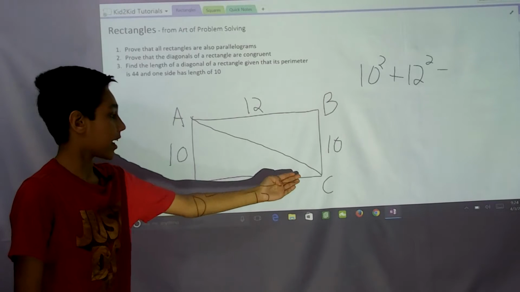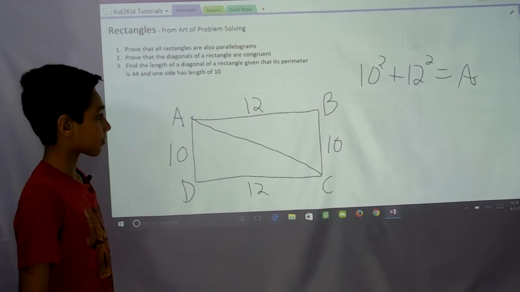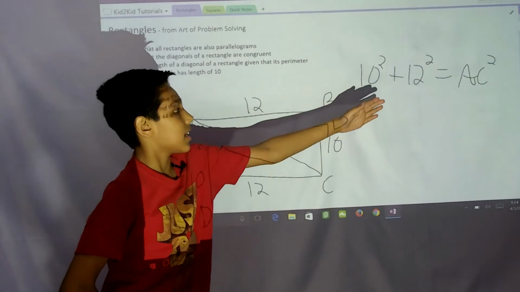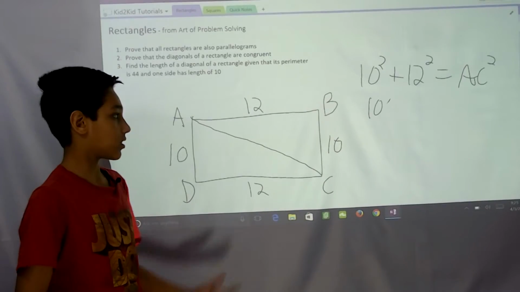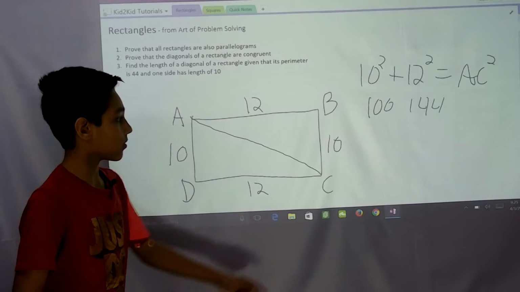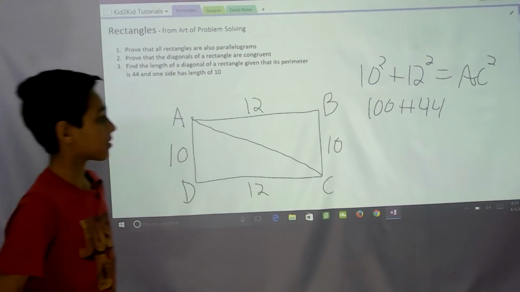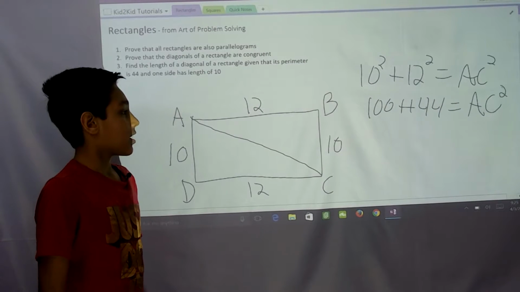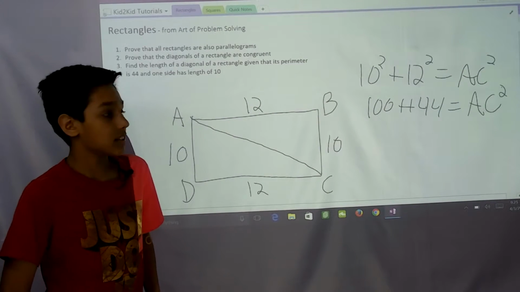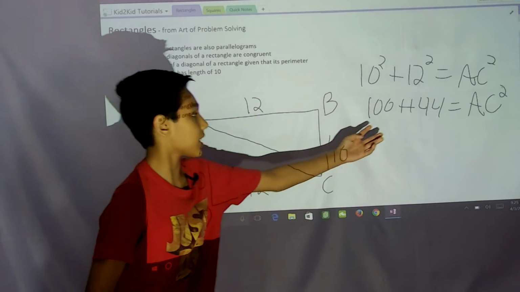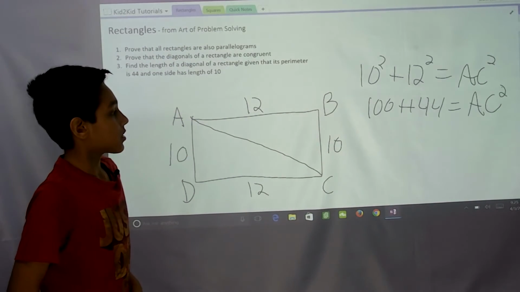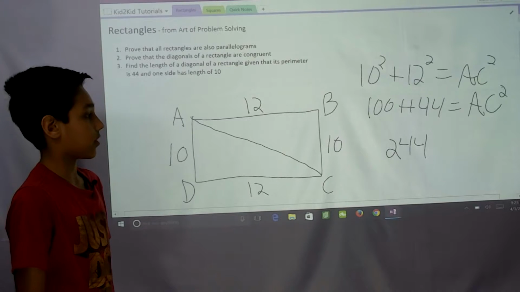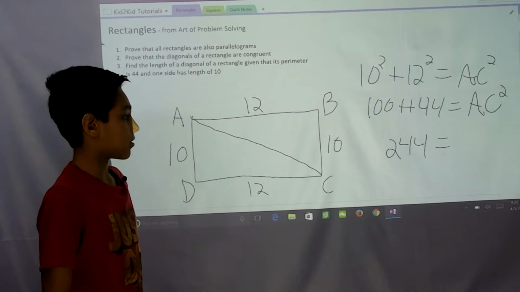So we have 10 squared plus 12 squared equals AC squared. And then using algebra, we see this is 100 and this is 144, so 100 plus 144 equals AC squared. So first we can add these. 100 plus 144 is equal to 244, which equals AC squared.